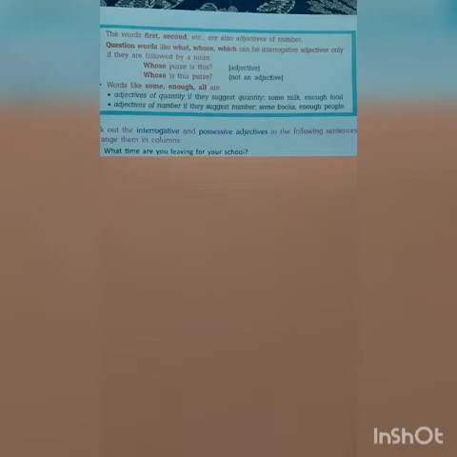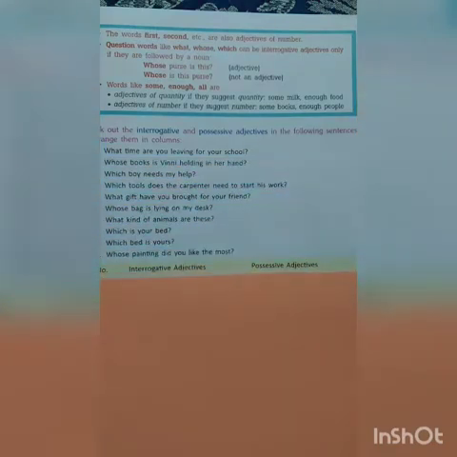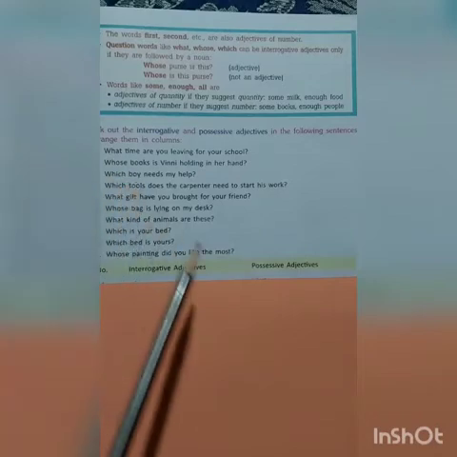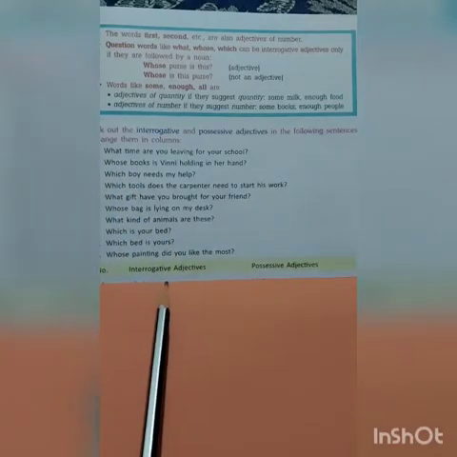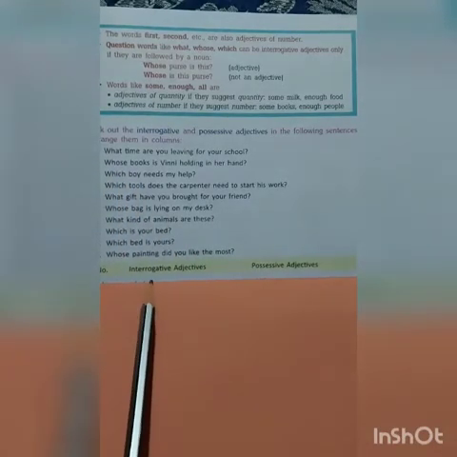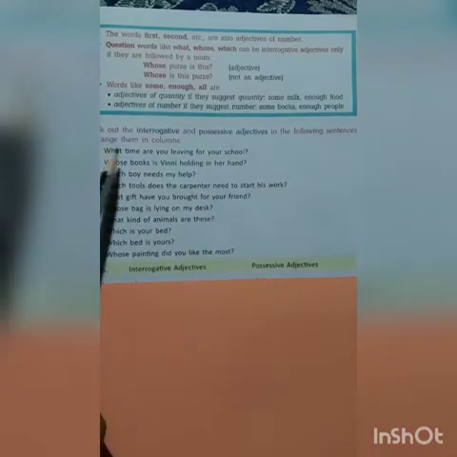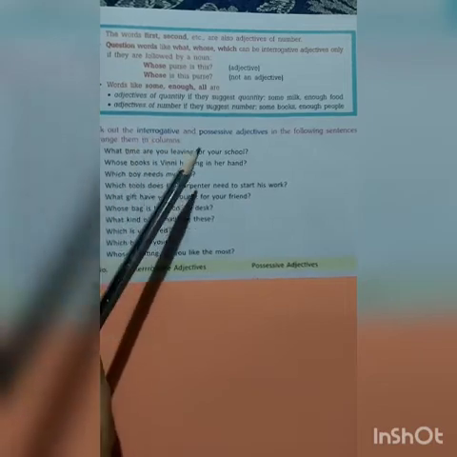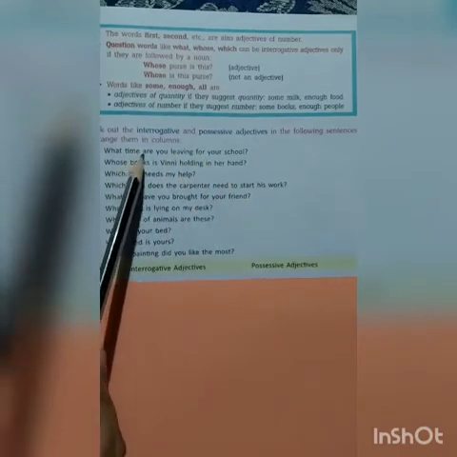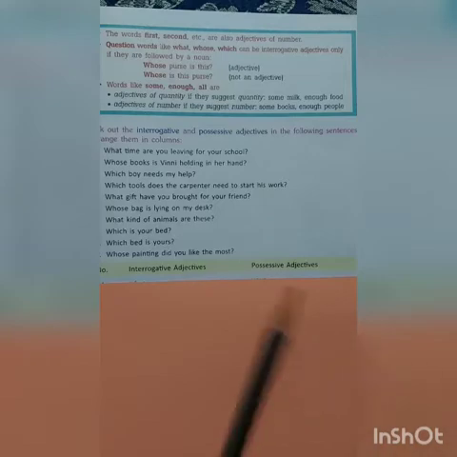Now let's look at exercise R. Pick out the interrogative and possessive adjectives in the following sentences. Arrange them in columns. Okay. So here the sentences are given to you and then you are given two columns. One for interrogative adjectives and one for possessive adjectives. So first you will pick out the interrogative and possessive adjectives from these sentences and then you will write them in the correct columns.